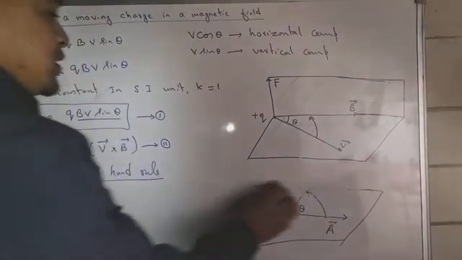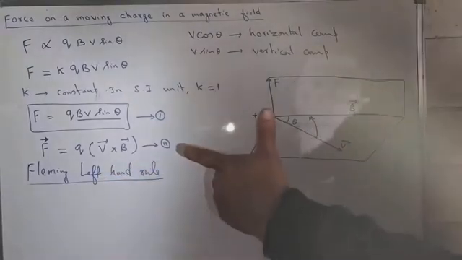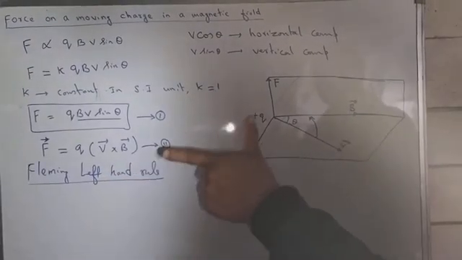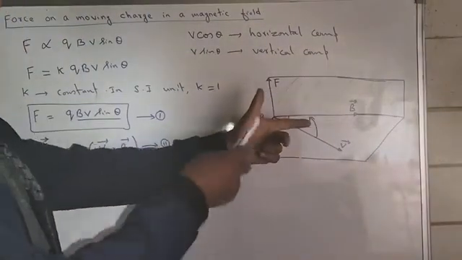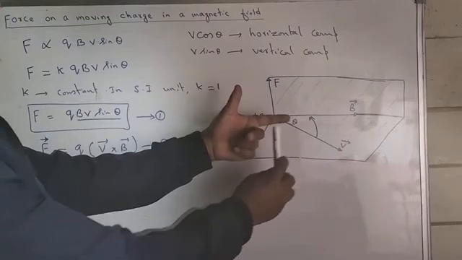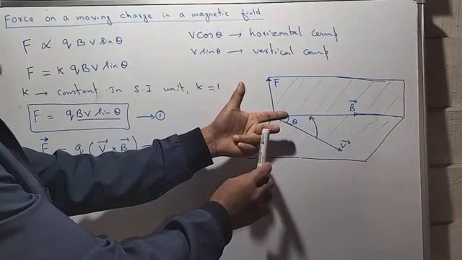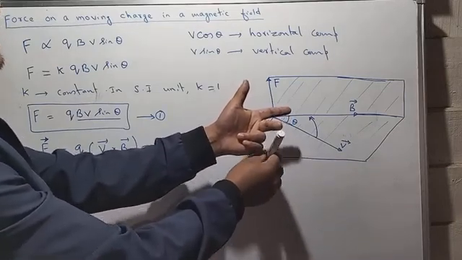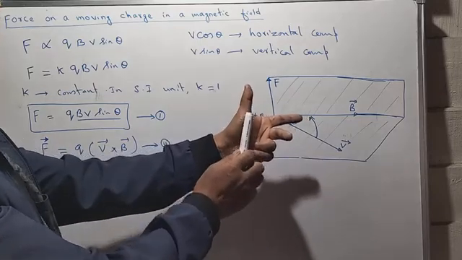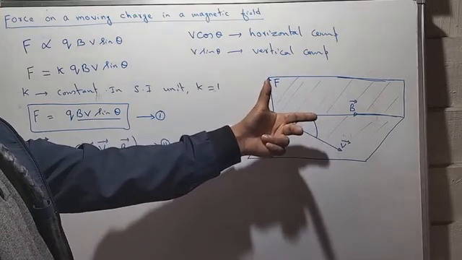So now let us look at this rule. This rule says like this. If I stretch my left fingers in this way such that the four fingers point in the direction of the magnetic field, the central finger gives the direction of current, or I can say the direction of velocity, then my extended thumb will give the direction of the magnetic force.